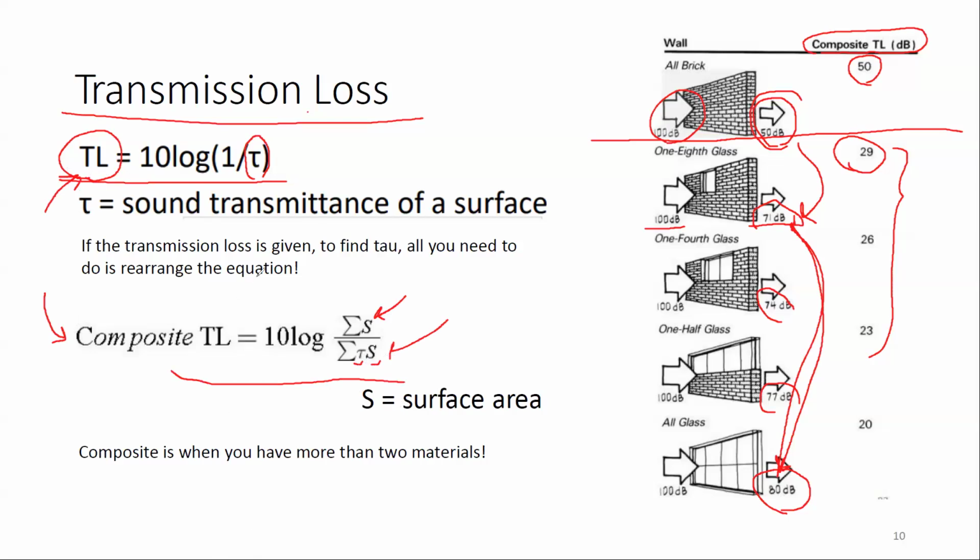Does that make sense? Because this one is a single surface, and this one is multiple. So when there are two different types, you need to multiply the surface areas by their taus. Any questions? This is the basic concept. I'm going to show you in the Excel file what it means for the assignment later on, like where you incorporate the equation. But any questions on the concept itself? No? All right.